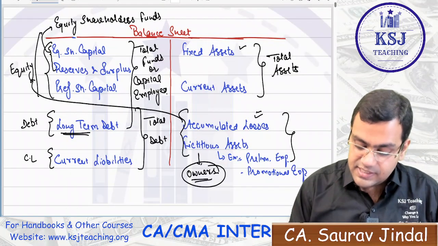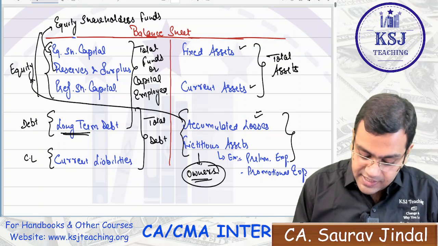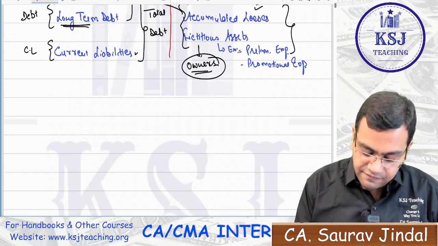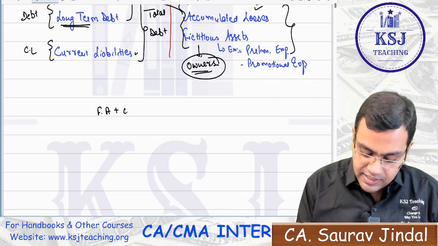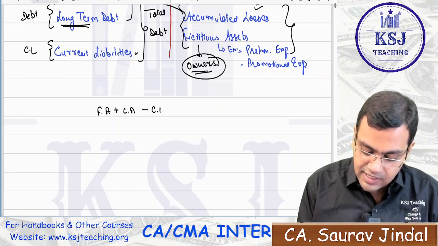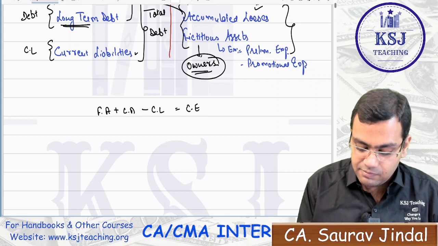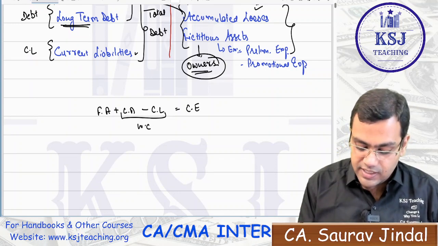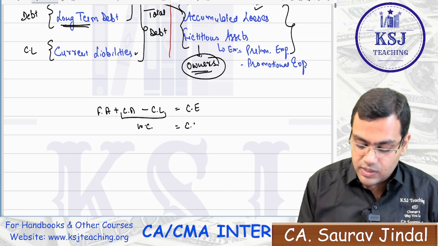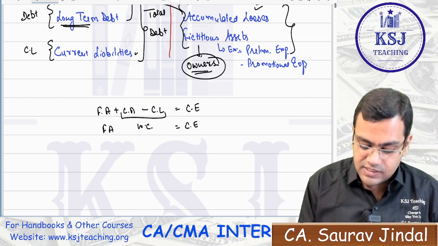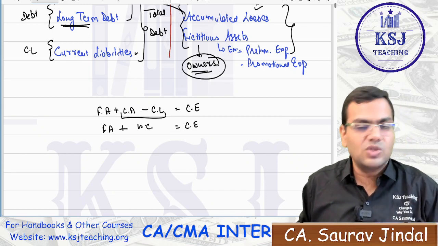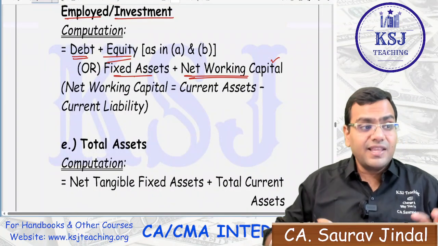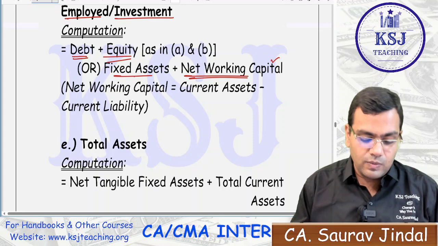Fixed assets plus current assets minus current liabilities will also be capital employed. Current assets minus current liabilities is working capital. That is why I'm saying fixed assets plus net working capital is also capital employed, sir. So one thing can be calculated in different ways.